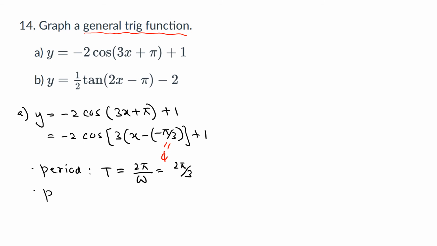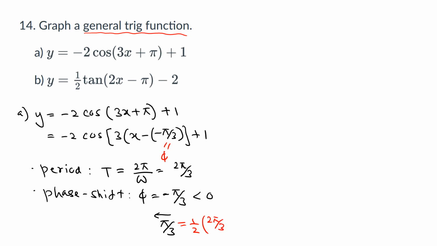The phase shift is phi, which is negative pi over 3, a negative number. That means it's going to go to the left, pi over 3. You can see pi over 3 is half the period here, where the period is 2 pi over 3.